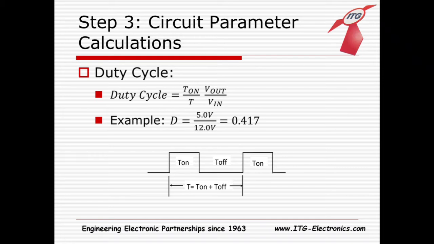So it's on over on plus off time, and that's the same ratio as your voltage out divided by your voltage in. If you'll remember, we had selected 5 volts out, 12 volts in, and we're going to end up with a duty cycle of 0.417.